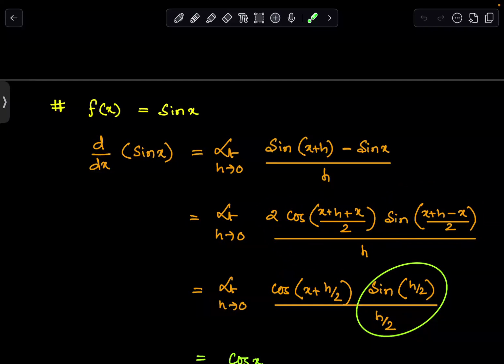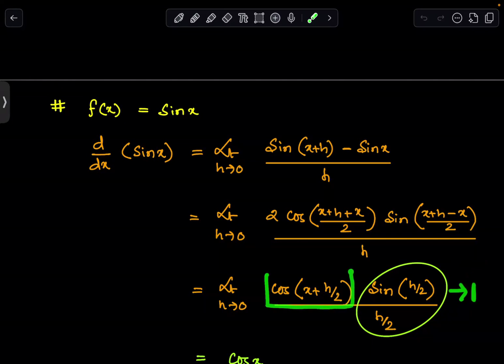As per the identities of limit, this marked section is now following the standard form, h approaching 0, sine of h by 2 divided by h by 2.